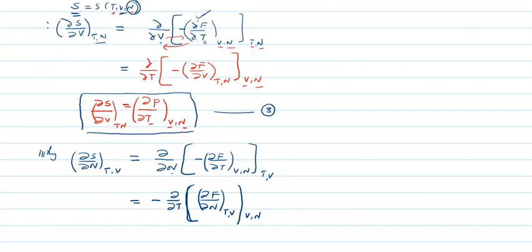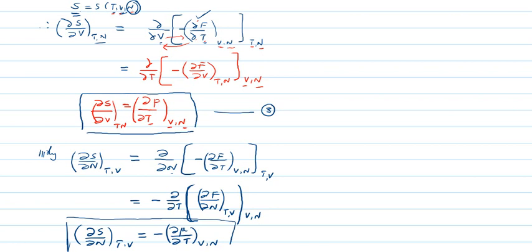Finally you get this is equal to minus dou mu by dou T with respect to V and N. So dou S by dou N at constant T and V gives you dou mu by dou T with a negative sign. That is equation number 4.